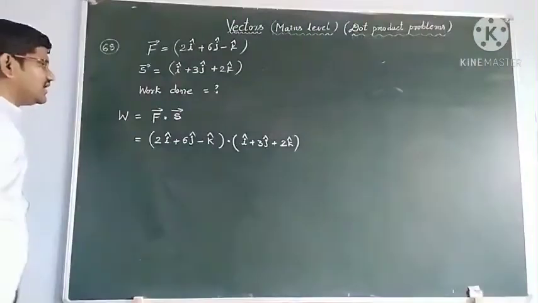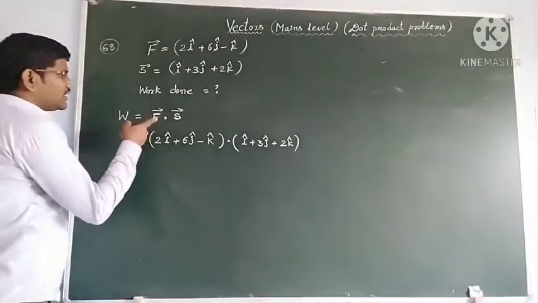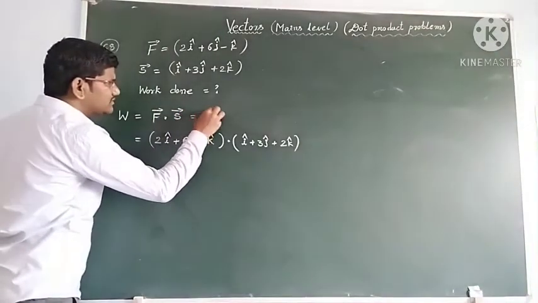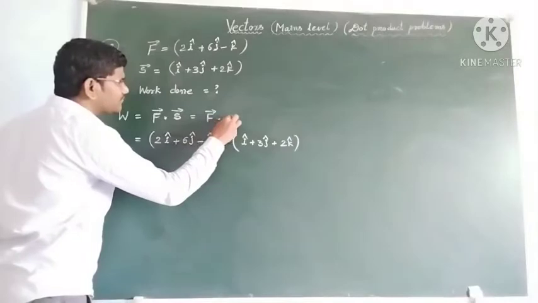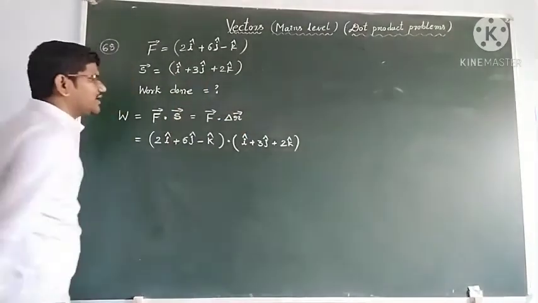So this is the formula for work done. Work done is equal to force into displacement, or the same displacement we can also write as delta R bar.